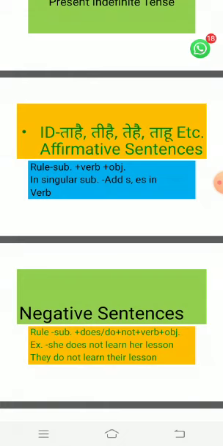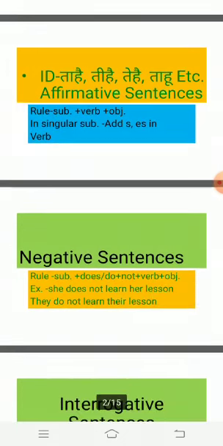They is plural and we are not using any s or es in verb. Now this is the rule for affirmative sentences.